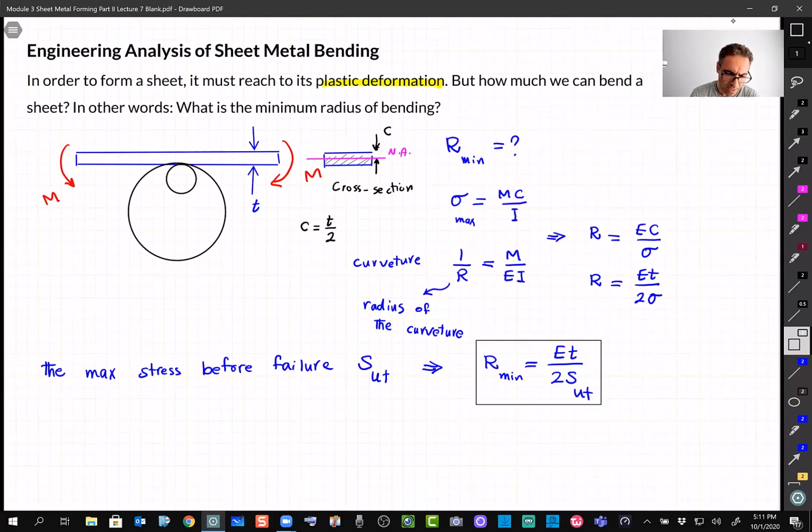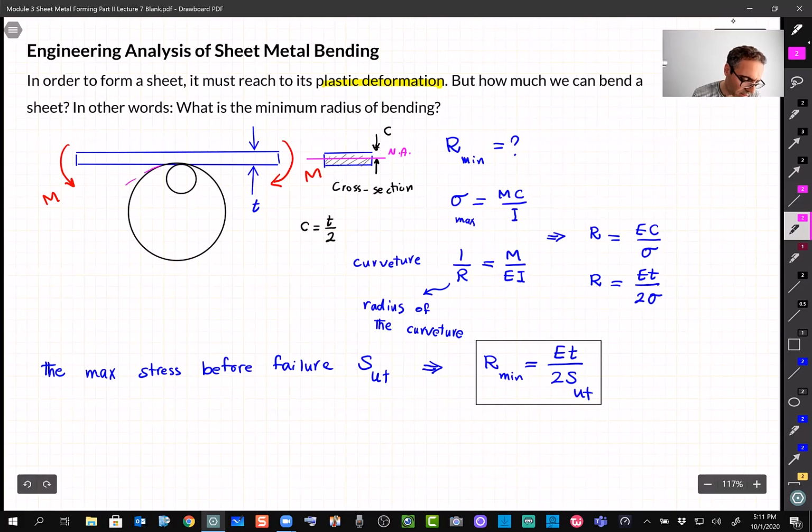Let's say in this example, if I bend it over this big cylinder, maybe nothing will happen, everything is okay. But if I continue bending it to this smaller one, maybe a crack happens at the top and the whole plate breaks, basically.